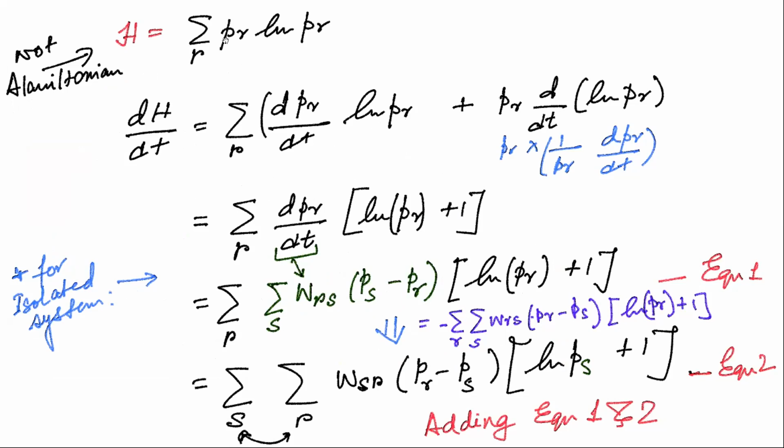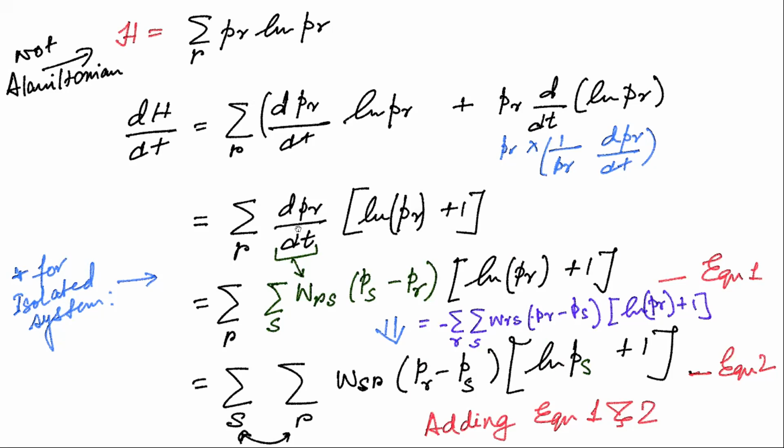We are just differentiating this quantity with respect to time. ln PR remains intact, then PR times d/dt of ln PR, and this will give 1 upon PR, because that is the derivative of ln, and then dPR/dt. This PR and this PR cancel, so this term remains. So we take dPR/dt out of the bracket: ln PR plus 1, with summation over all R.